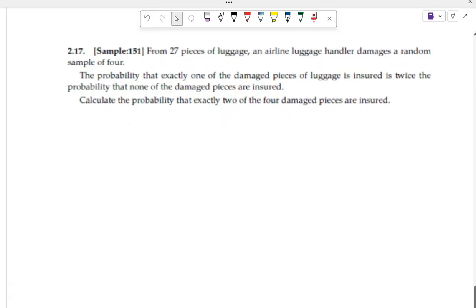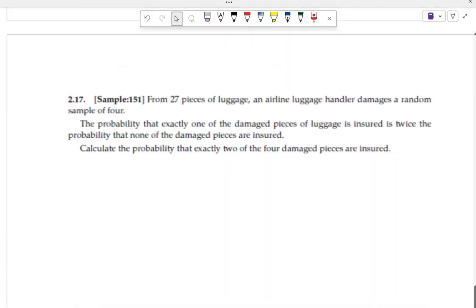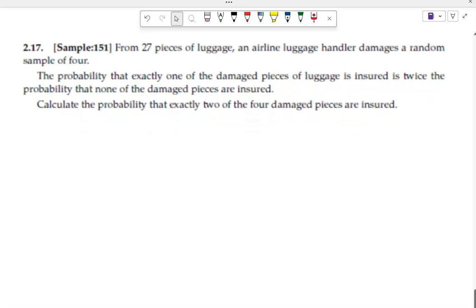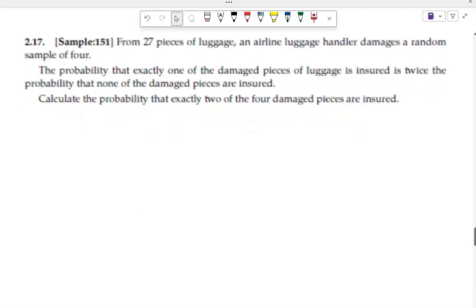All right. This one has also got a little bit of a challenge to it. So let's chat about it for just a second. We've got 27 pieces of luggage, and a typical luggage handler that just goes in and smashes some of it. The problem in this case is, what's the probability that exactly 2 of the 4 damaged pieces are insured?